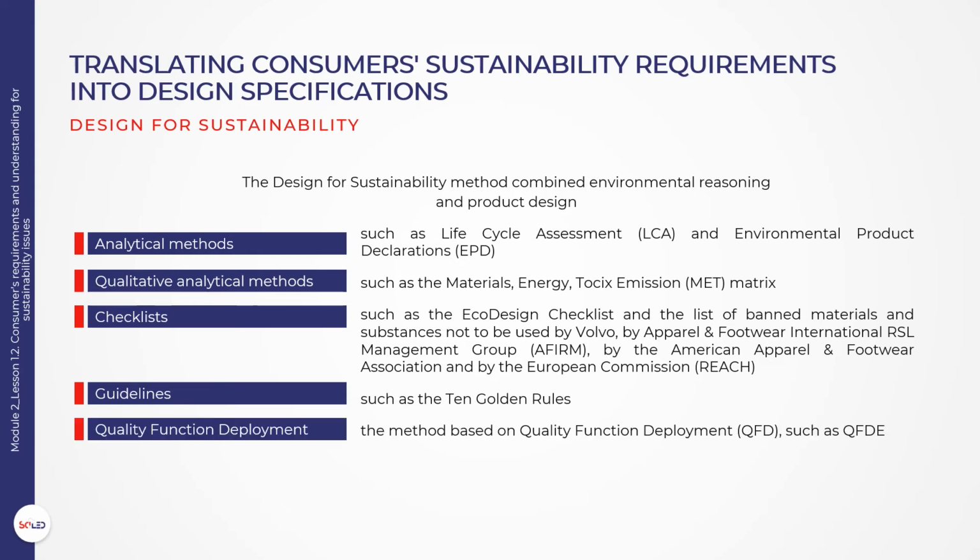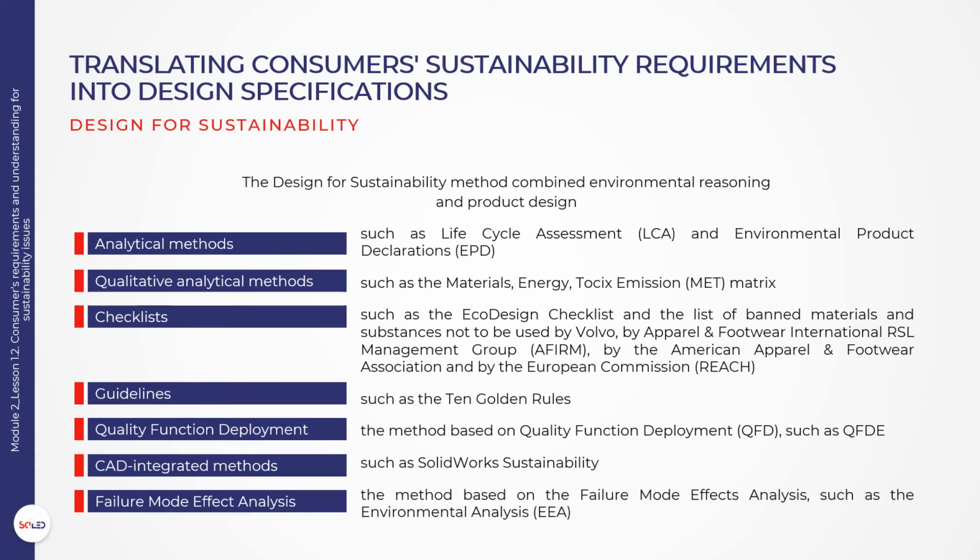The method based on quality function deployment, QFD, such as QFDE, Masui et al., 2003. CAD integrated methods, such as SolidWorks Sustainability, SolidWorks, 2018. The method based on the failure mode effects analysis, such as the environmental effect analysis, EEA, Paulson, 2018.